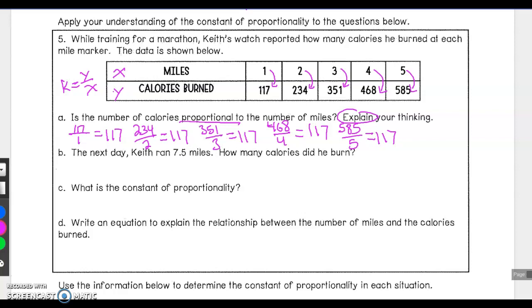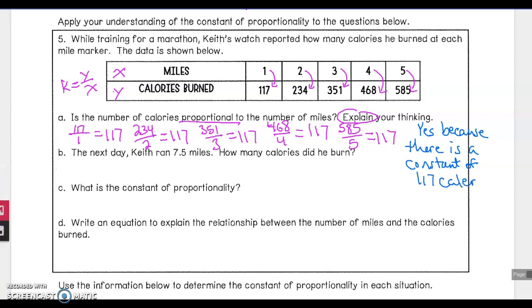Okay? Well, is the number of calories proportional? Yeah. So I'm going to say yes, because there is a constant of 117 calories.